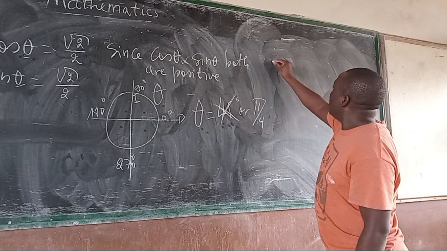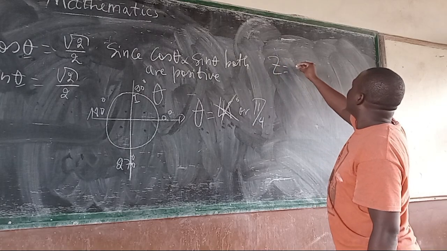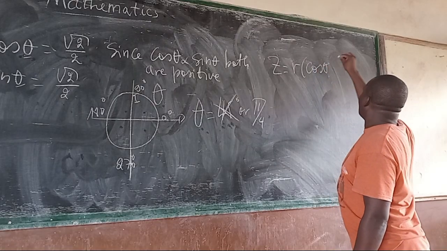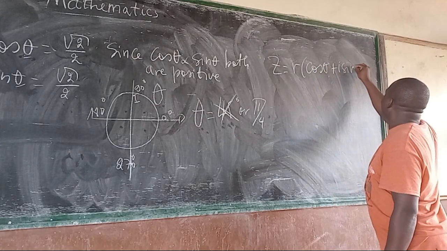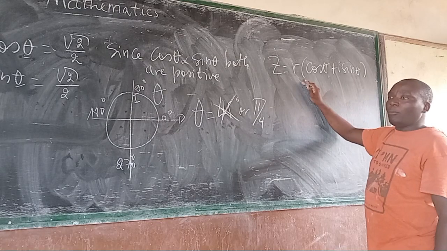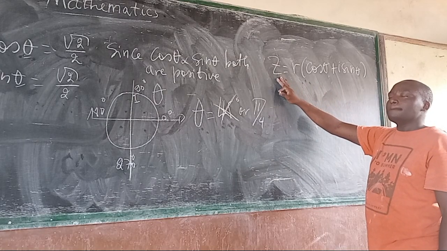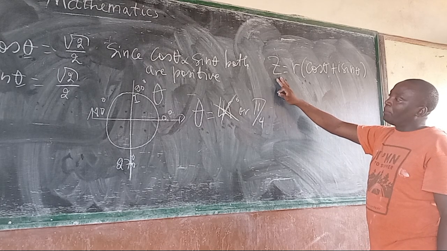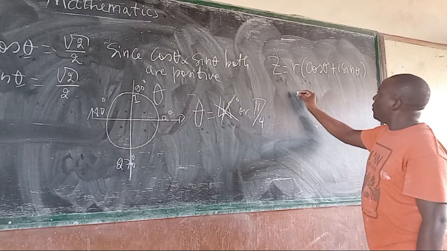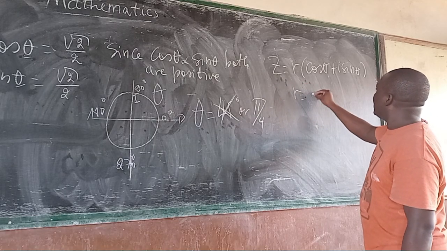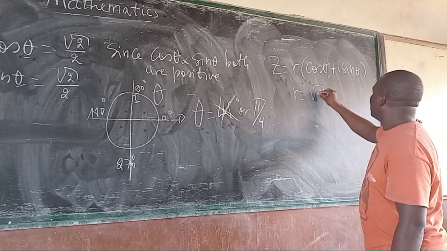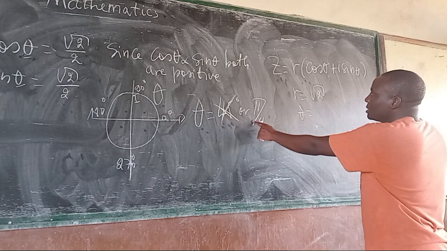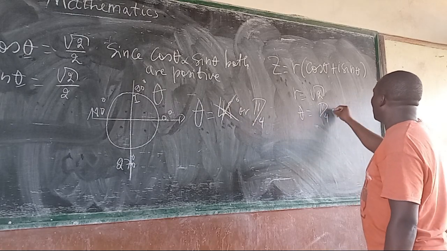Then, as I know, complex number z equal to how many? Radius in factor of cosine of an angle, plus i sine of that angle. This is the polar form of complex number z, where the radius equals square root of 2, and theta, the argument, equals pi out of 4 radians.